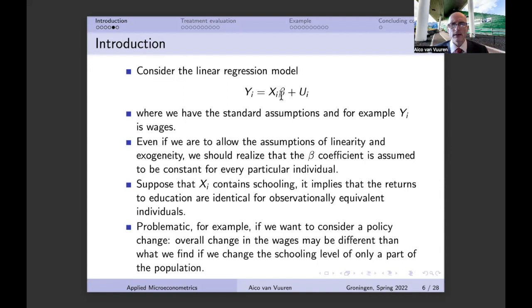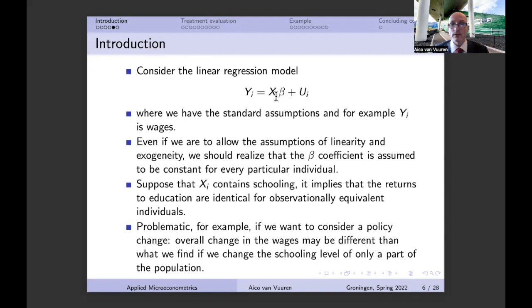So suppose that this is equal to 0.4. That means that at the moment that you have university education, your wage is going to go up by exactly 40%. That's the interpretation, but the most important thing is that you should realize that that's actually true for everybody. So everybody is going to increase their wages by 40% at the moment that they have a university degree compared to the situation in which they do not have a university degree.